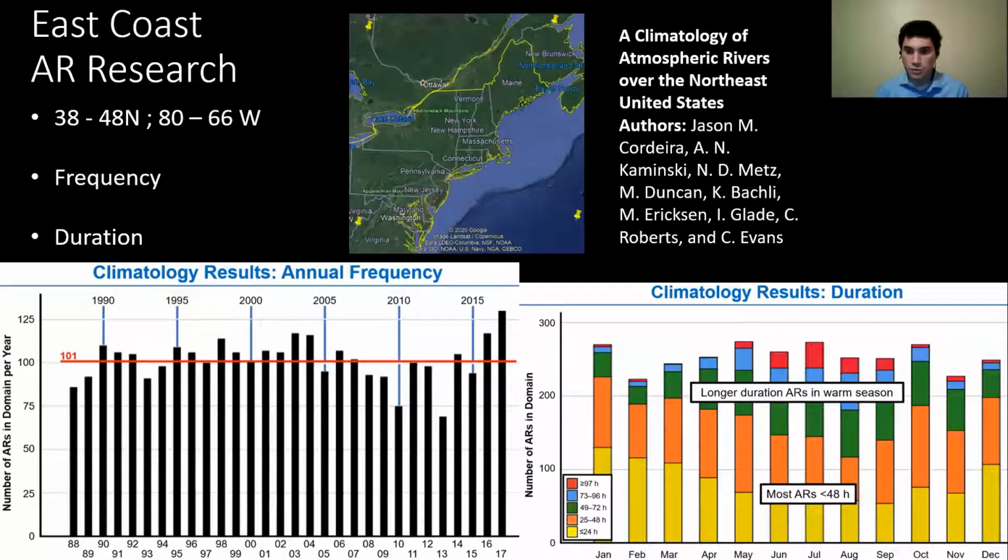But in the winter season, they can reach a higher IVT magnitude or threshold, but they wouldn't last as long. That's an interesting thing to look at, especially for me, as that'll become sort of a guide in the way that I look at ARs when I get more results from what I have right now. One of the other interesting things that I found was the average duration was 48 hours between all of these ARs, whether it be a Cat 5 or a Cat 1.